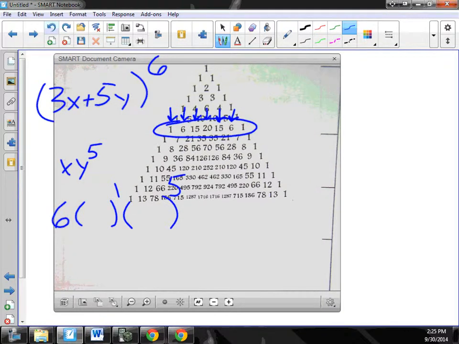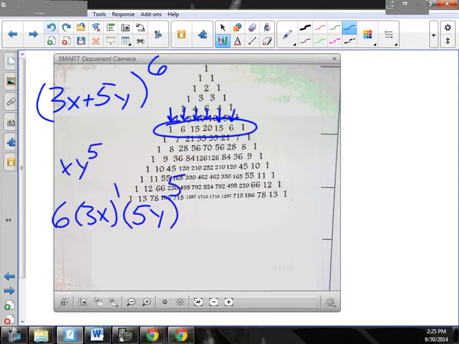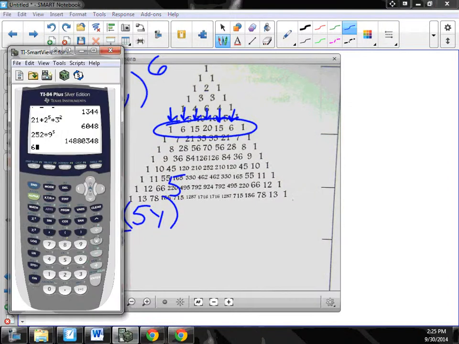So what goes in this first space? 3x and 5y. So my coefficient is 6 times 3 times 5 to the fifth, which is 56250.